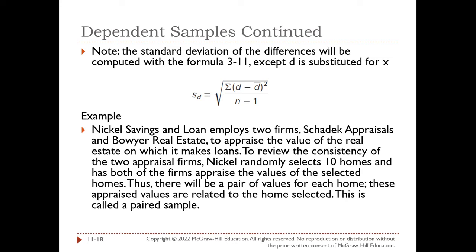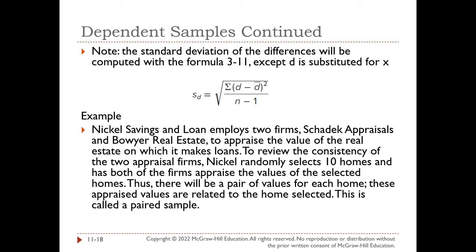So our example: Nickel Savings and Loan employs two firms, Sadik Appraisals and Boyer Real Estate. I totally butchered that name, but anyway, it's all good. They appraise the value of the real estate on which it makes loans. To review the consistency of the two appraisal firms, again, if you know how business works, appraisals in real estate typically are very closely together.